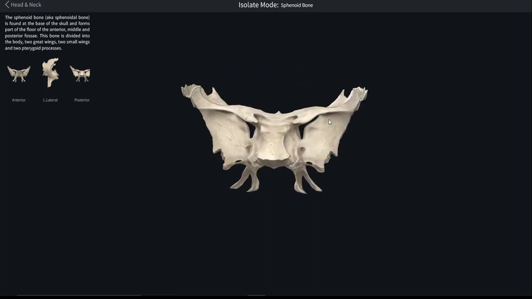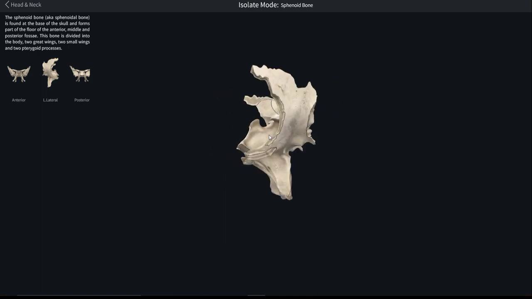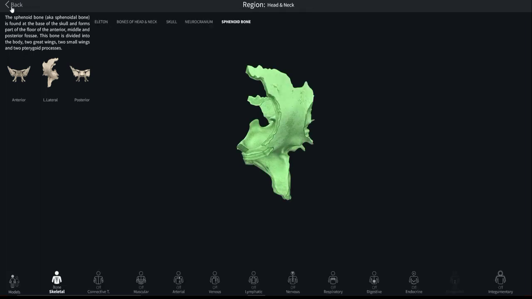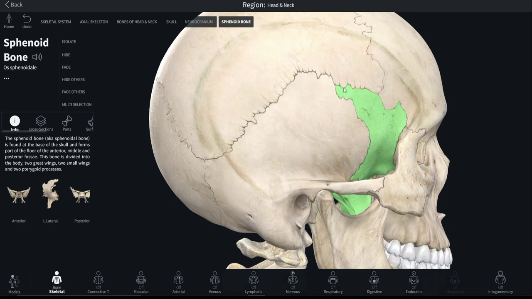This is the greater wing of the sphenoid. These are the lesser wings, but we are not concerned about them. So this greater wing, as you can see, this is also part of the greater wing. This is the tip of the greater wing, right? So the tip of the greater wing of the sphenoid is actually articulating with the inferior border of the parietal bone along the antero-inferior angle.